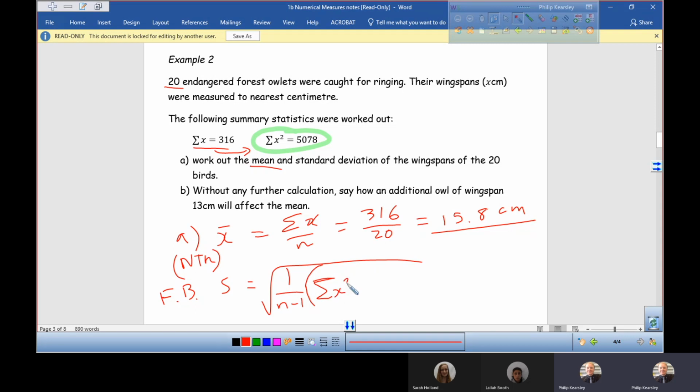Sigma x squared goes here. We also sub in sigma x again, and we're going to square it. That's the first formula we use. Does that make sense? Are you happy with the difference between the two? Trying to identify when to use either one, that's the key thing.